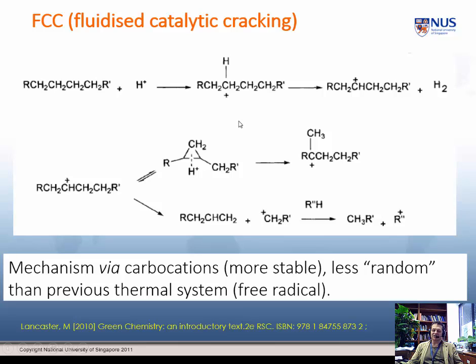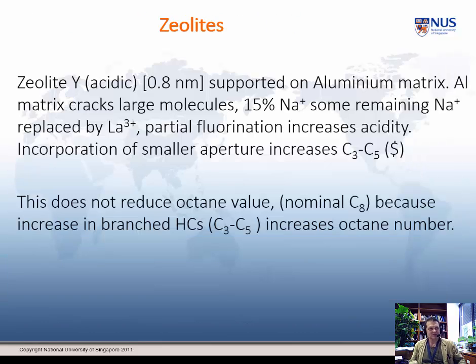You'll remember the most stable carbocation is the tertiary type carbocation, and you can see the reaction process moves as described. So a lot more efficient, a lot less random than the old thermal system.